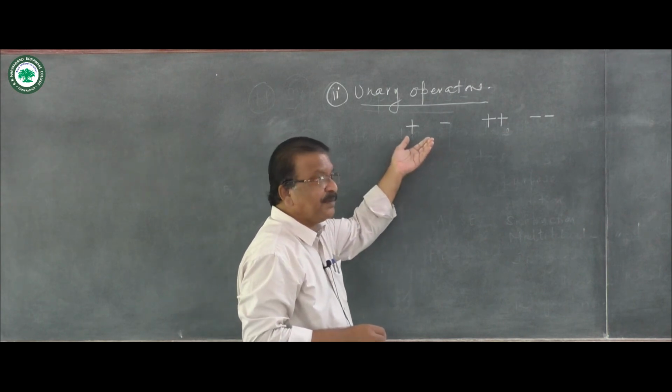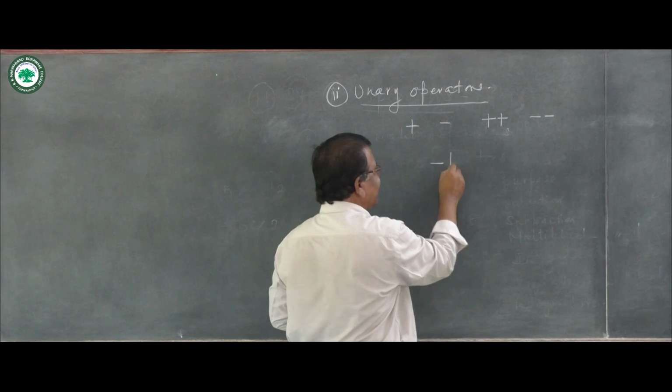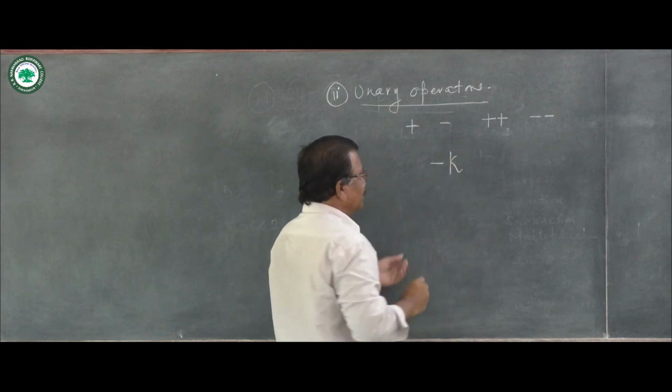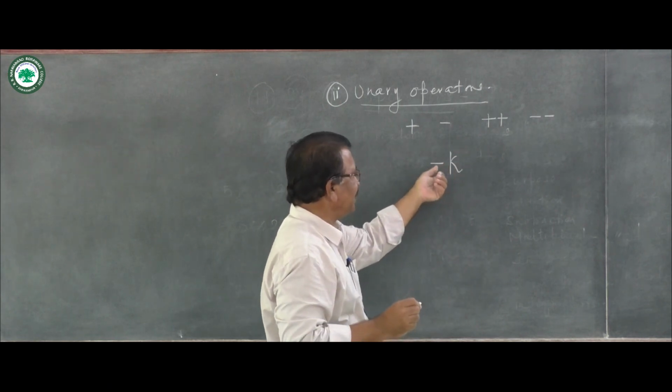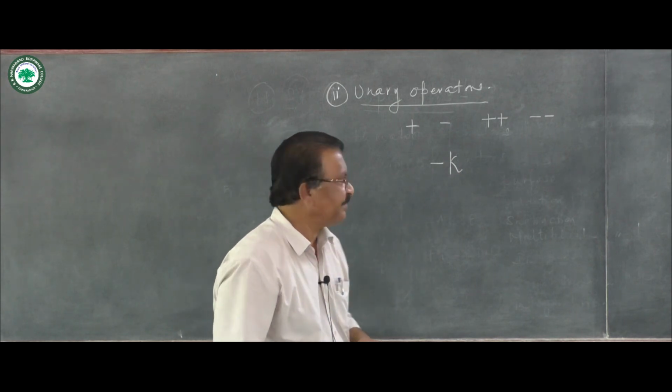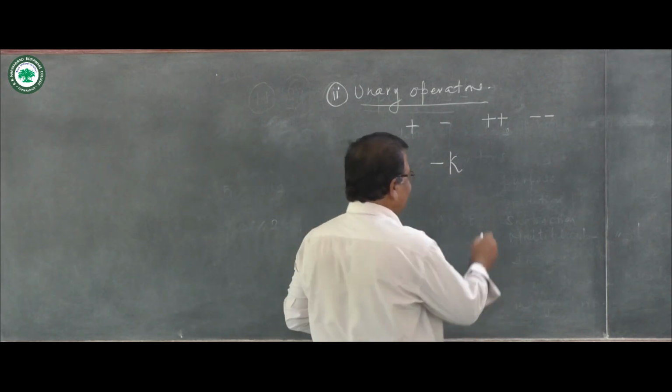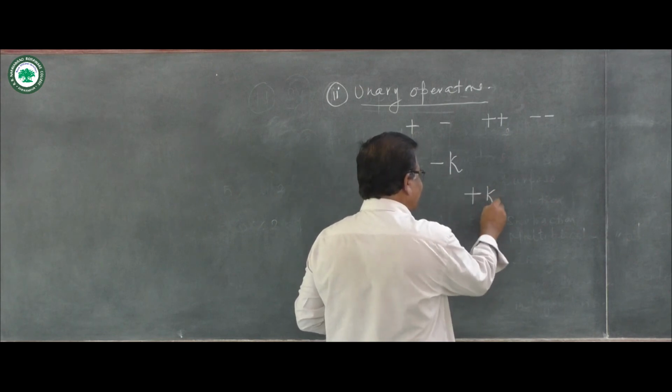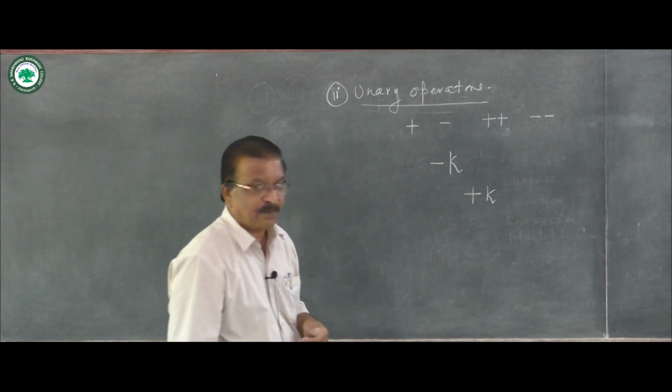Minus k is a negative number, which is unary minus followed by a positive numeric constant. On the other hand, unary plus, such as plus k, gives the value of that operand.